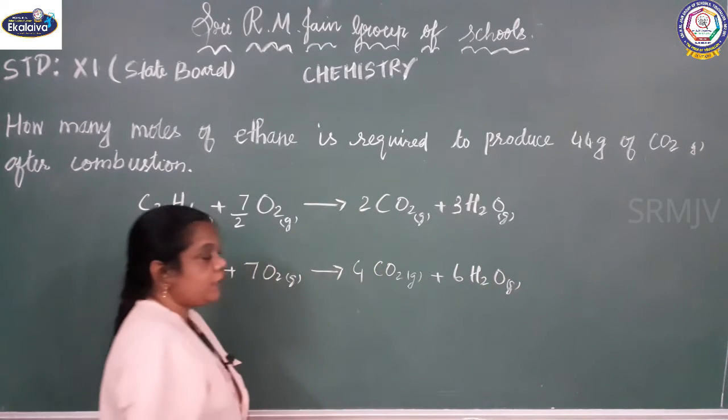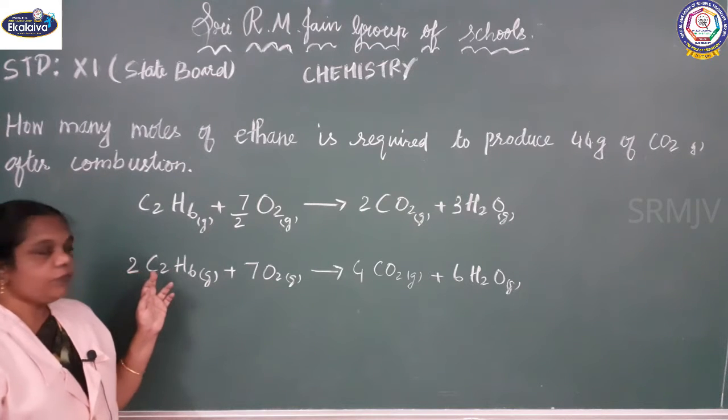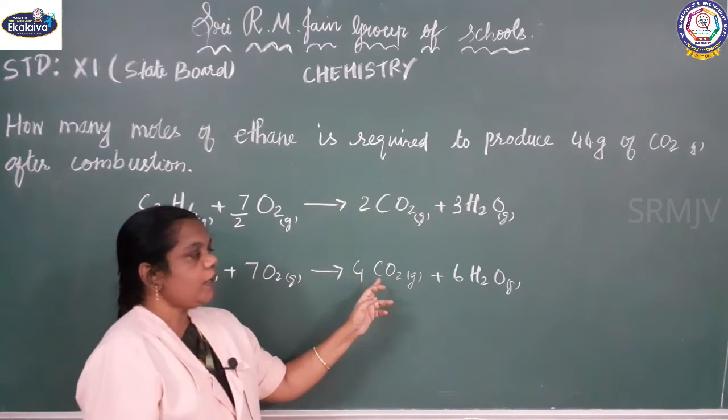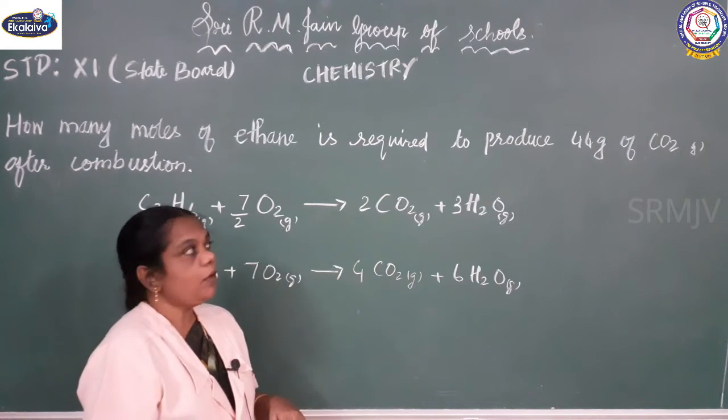So in this combustion reaction, 2 moles of ethane are involved in the combustion to give 4 moles of carbon dioxide and 6 moles of water.